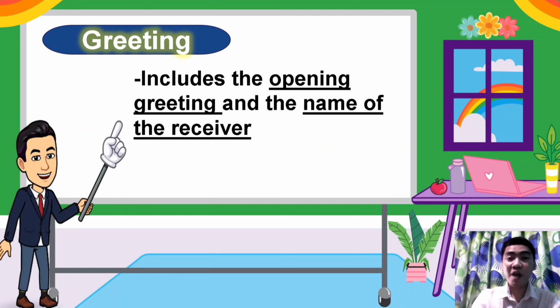I know you have read letters before, or maybe you have received a letter and we have the word dear, right? So most of our letters start with the word dear.